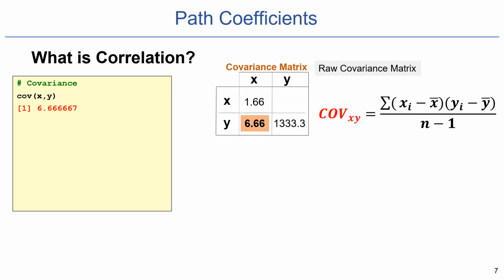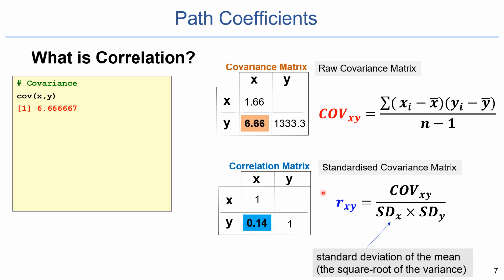The common way to standardize variables is to adjust their means to zero and their variances to 1. And the simplest way to bring the covariance to a common scale is to standardize it by the standard deviations. This is what the correlation coefficient does. It takes the covariance between two variables and standardizes it by the product of the standard deviations of both variables.